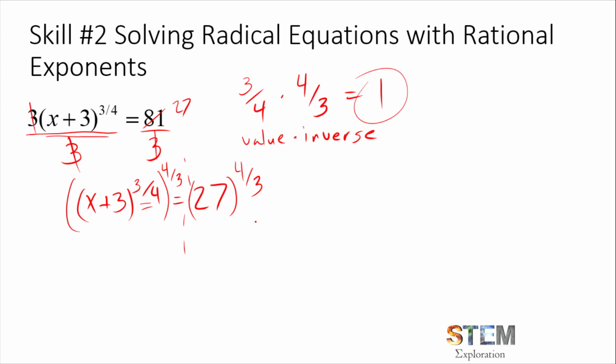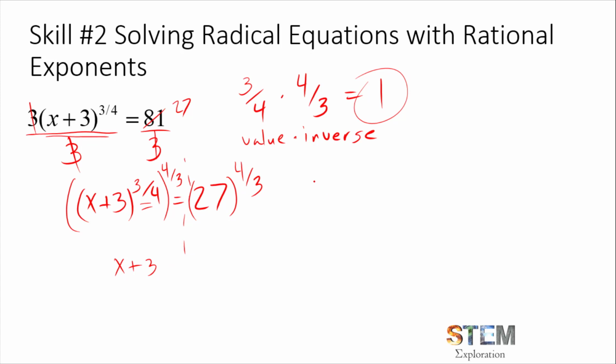The end game is, now that we've separated the rational and constant portions, we get this rational exponent to 1 so that we have x plus 3. With the 27 here, there are a couple of different things you could do. Now that we've talked about rational exponents, you could actually plug this into your calculator.